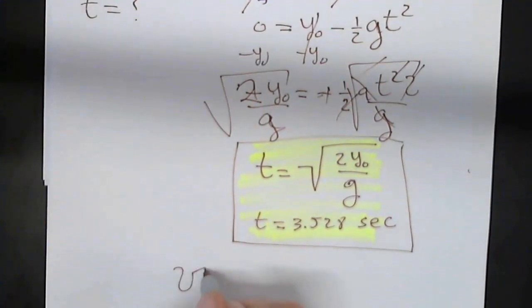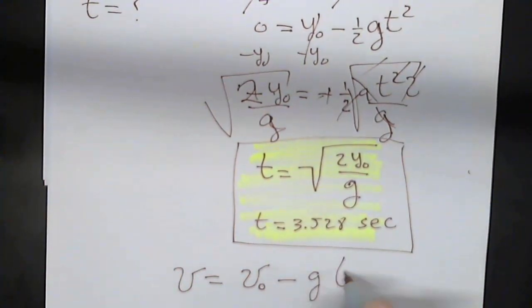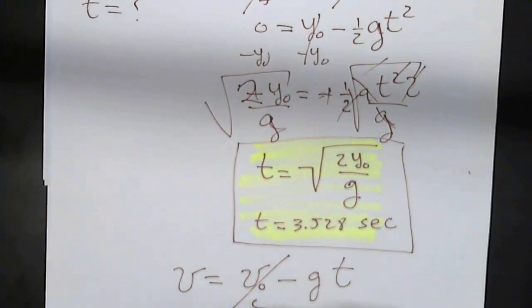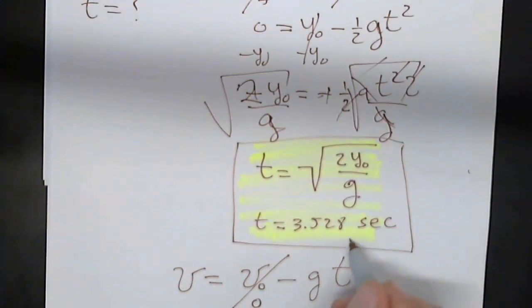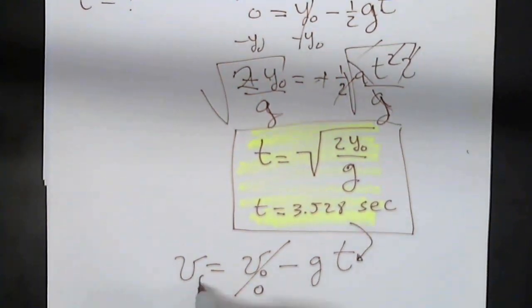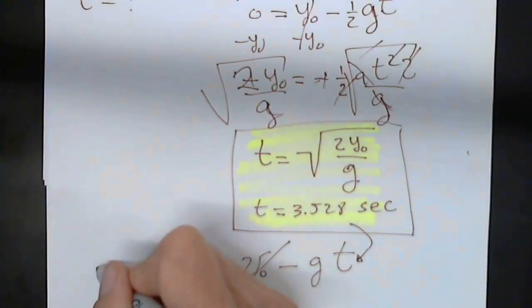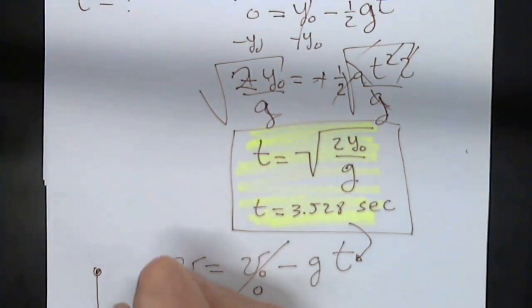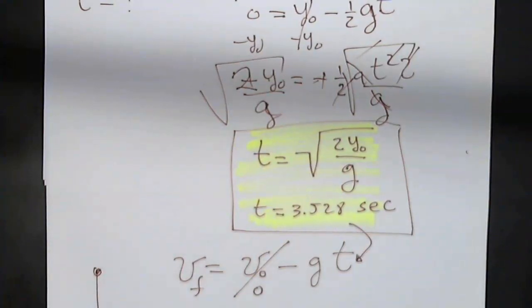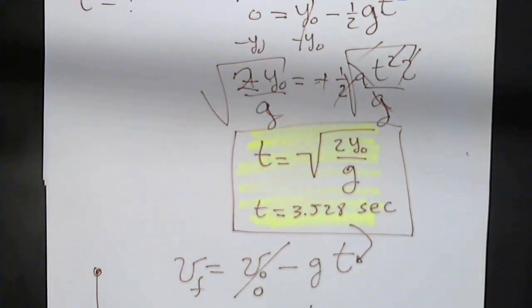Now if we use this equation, it is a drop, so this is 0, and we substitute that time over here, we know how fast it's moving right before hitting the ground, and we know it's negative because it's moving down, minus g t, so negative 9.8 times 3.528.